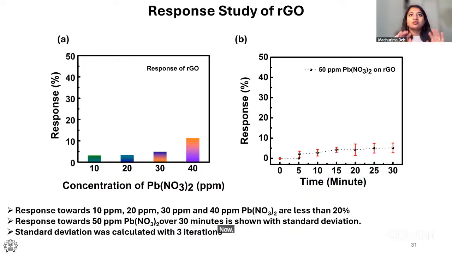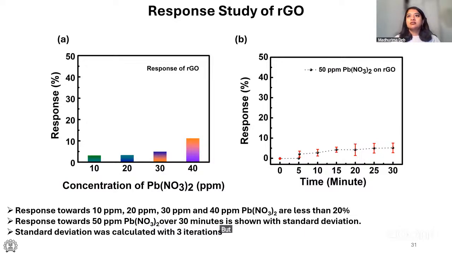Now, coming back to the present RGO material, where I used ppm level concentrations of lead nitrate from 10 to 40 ppm, I saw that there was a linear relationship between the percentage response and the concentration of lead nitrate.